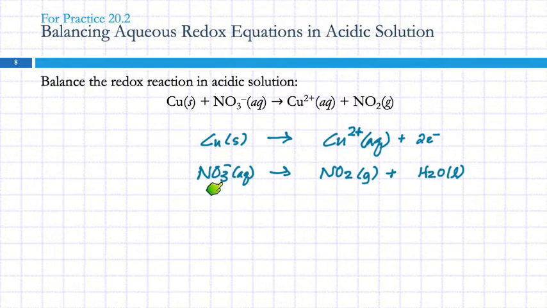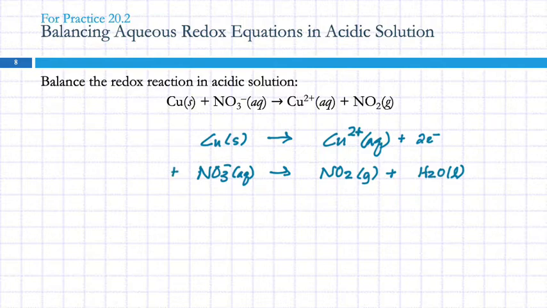Down here, oh man, I did this yesterday too. What did I forget? I forgot to balance the hydrogens. And what alerted me to this is I'm looking at the charges and thinking, that's telling me to add an electron over there. That's wrong. Because you have to have electrons on the product side for one and on the reactant side for the other. Forgot the hydrogens. 2 hydrogens down here.